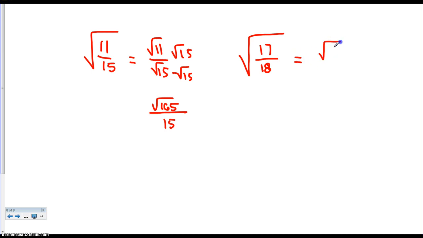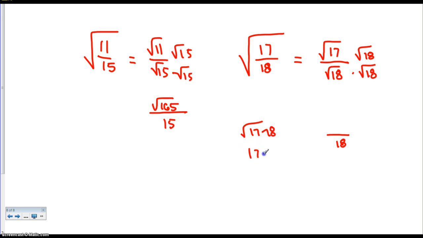So let's look at this example here. I have the square root of 17 over the square root of 18. I'm going to multiply the top and the bottom by the square root of 18. Now I have 18 in the denominator, and then I just have to break down 17 times 18.